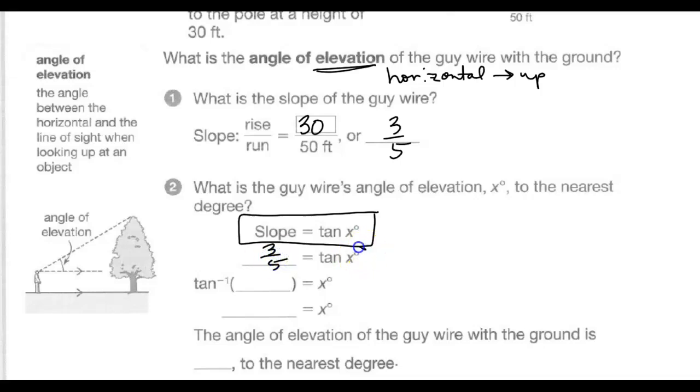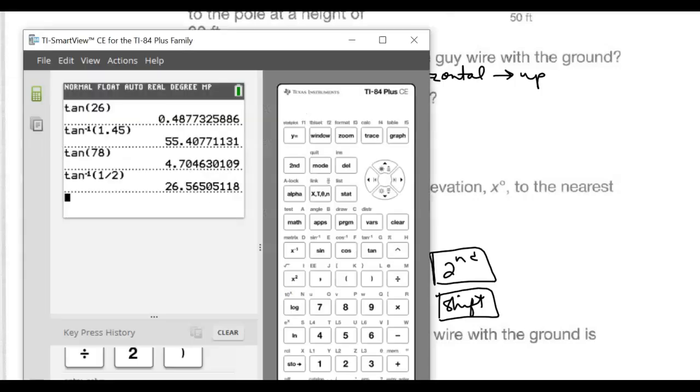So to get the angle by itself, remember when you're calculating an angle, you always have to press the second key, or depending on your calculator, the shift key. Okay, and so you need to see that -1 if your calculator actually shows words in it, otherwise you won't see it. And then we're taking the inverse tan of 3/5.